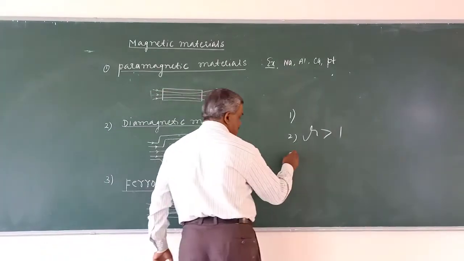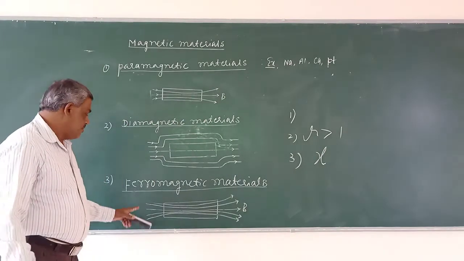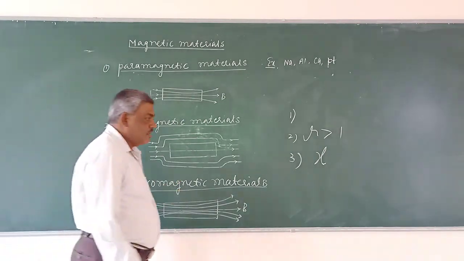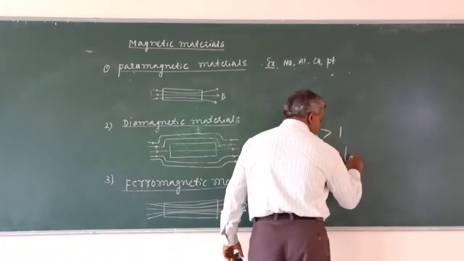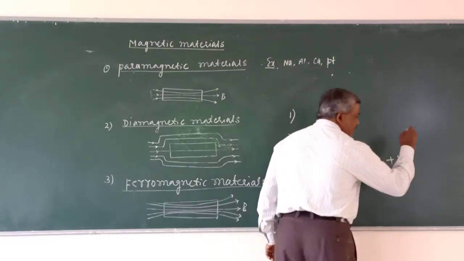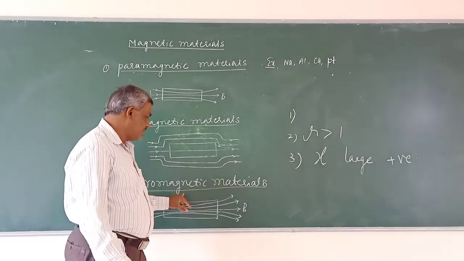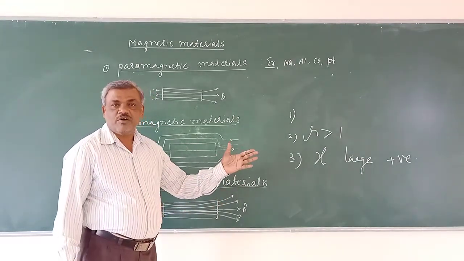Point 3, susceptibility. Susceptibility of ferromagnetic materials is large and positive.